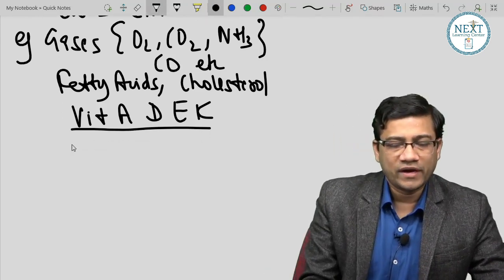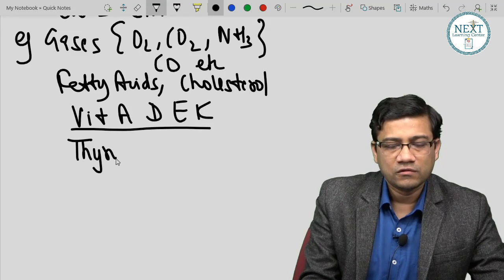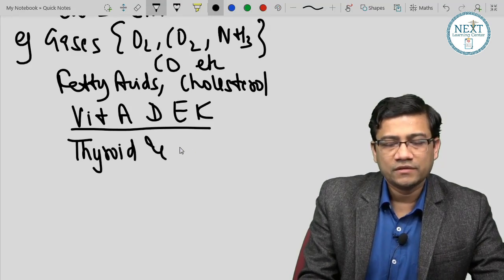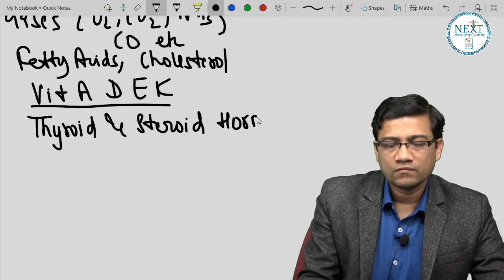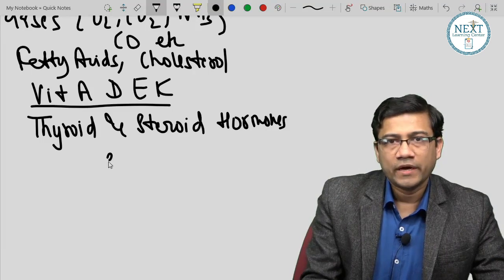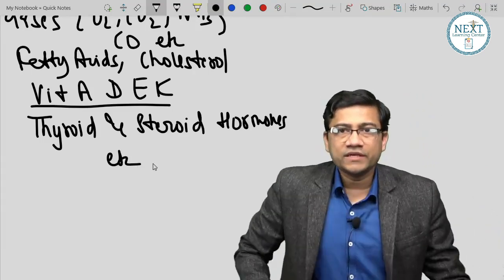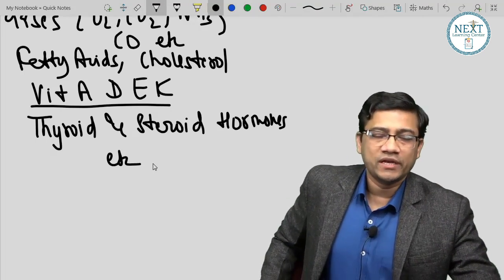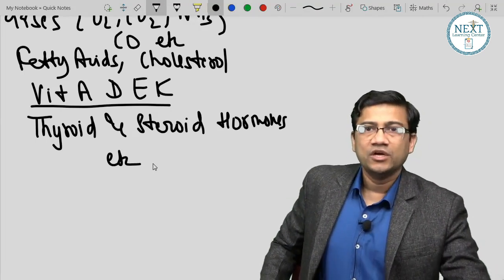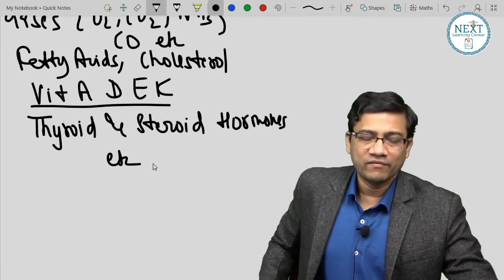And also we have thyroid and steroid hormones, etc. So all these are lipid soluble substances and they can cross the membrane without any problem whatsoever. Is it clear? So what can they do? Cross the membrane very easily.